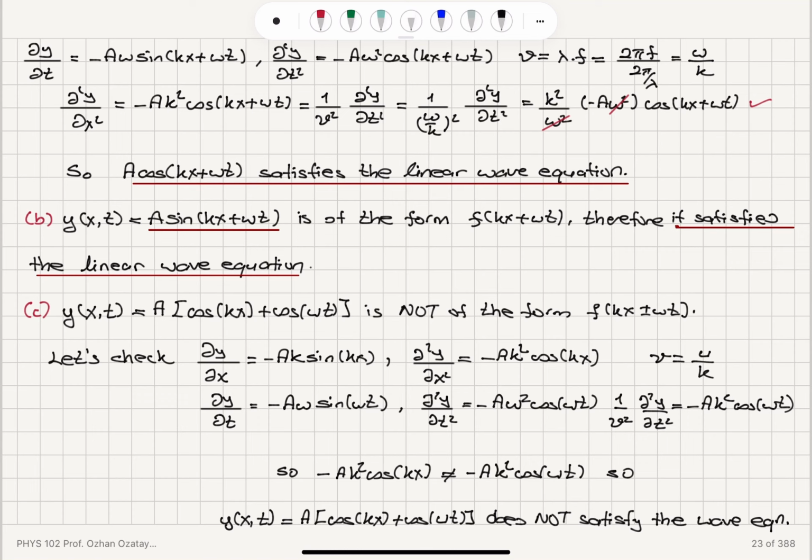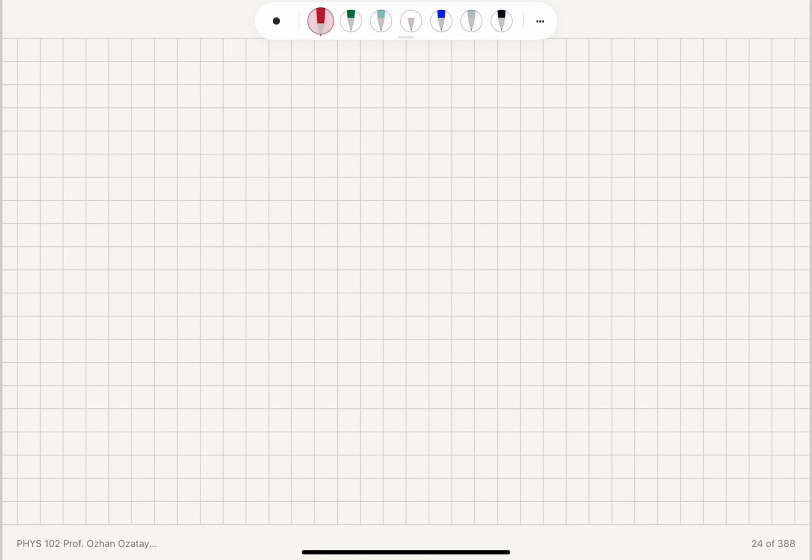All right. So that's the answer to part C. And part D is asking me about the transverse velocity and transverse acceleration at point x. So this is done for the wave function given in part B, which is a sinusoidal wave traveling to the left, a sine kx plus omega t. The transverse velocity, Vy, at point x is the partial derivative del y del t.